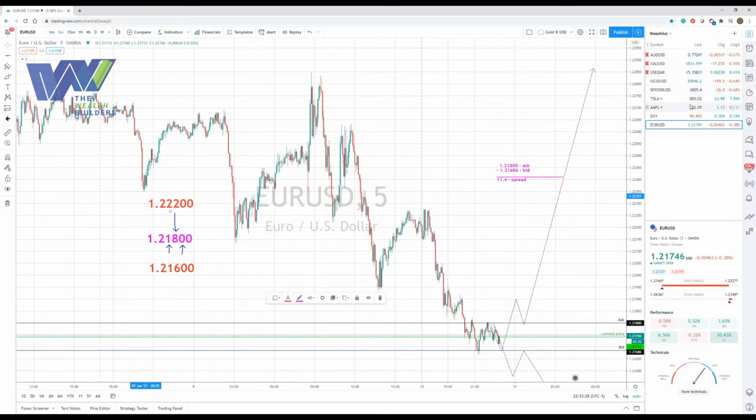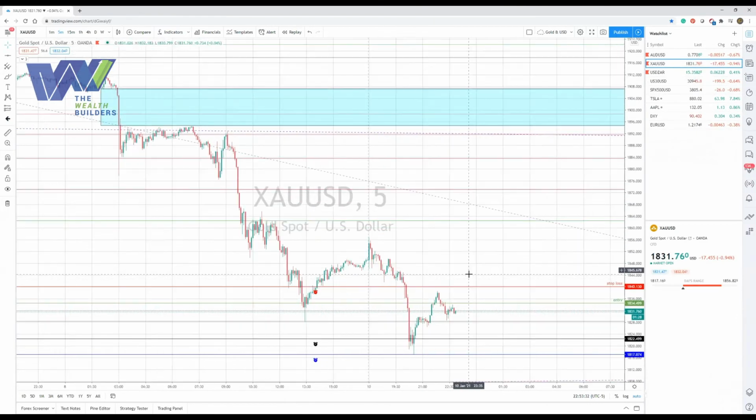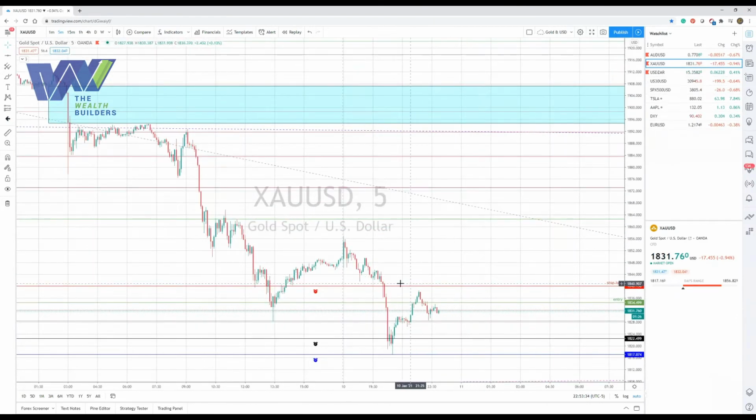And so the pip can be in different places. Like for gold, for example, gold is an indice. All right. And it's one of the currency pairs, but you're basically trading gold against the American dollar. All right. And so basically for every one spot of gold, I would get $1,831 and basically round it up to 77 cents.